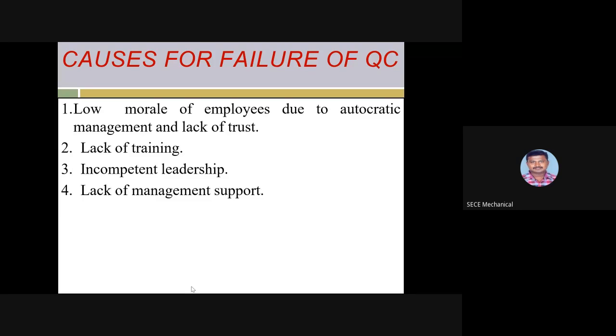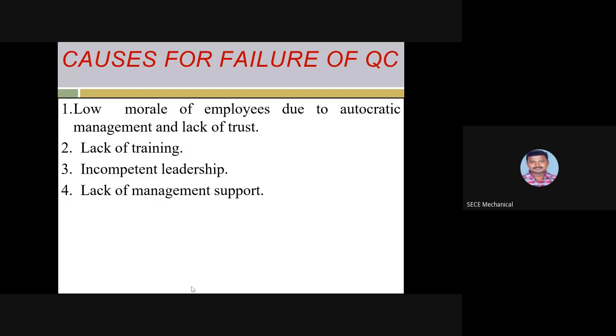Next are the causes for failure of quality circles. The low morale of employees due to autocratic management and lack of trust, lack of training, incompetent leadership and lack of management support. If these are missing, we will definitely not solve the problems, and the quality circle will be one of the failed implementations in the industry.